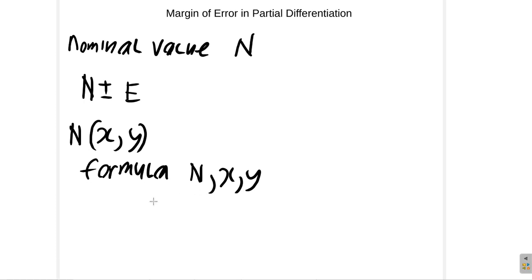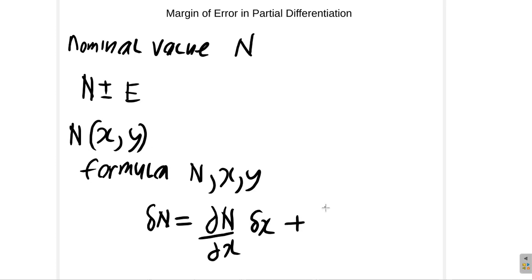Now, you have to remember that basic formula when dealing with partial derivatives. A small change in n is equal to the partial derivative of n with respect to x times a small change in x, plus the partial derivative of n with respect to y times a small change in y.